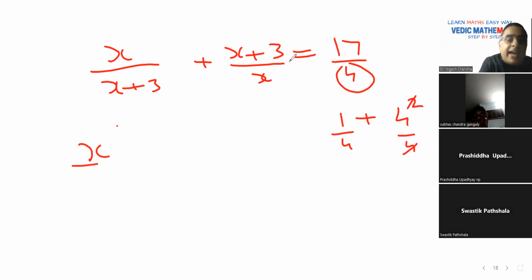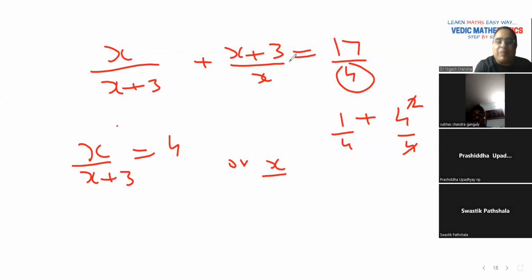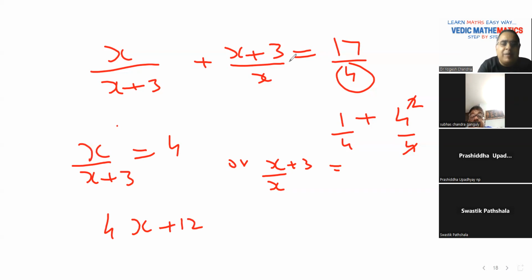Here it is x plus 3 is equal to 4, or x plus 3 is equal to 1 by 4. Correct. So you have to find out the final one. Then it will come out to be 4x plus 12 minus x is equal to 0, so that means 3x is equal to minus 12, x is equal to minus 4.